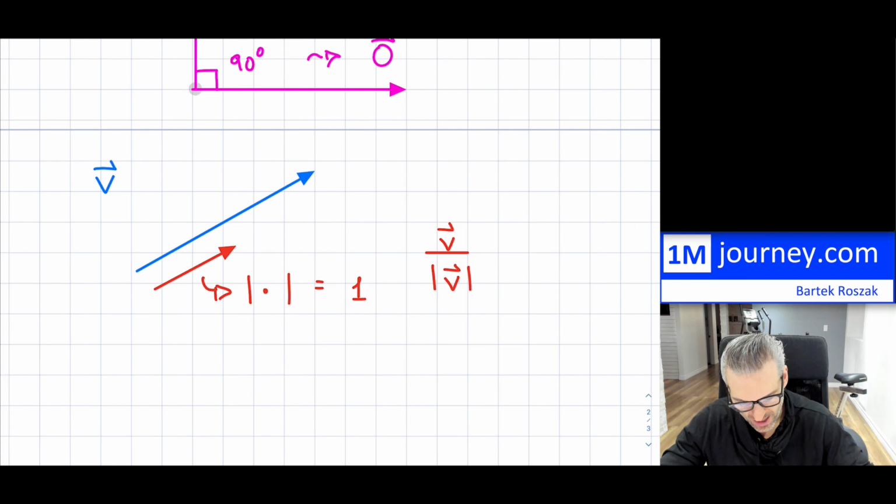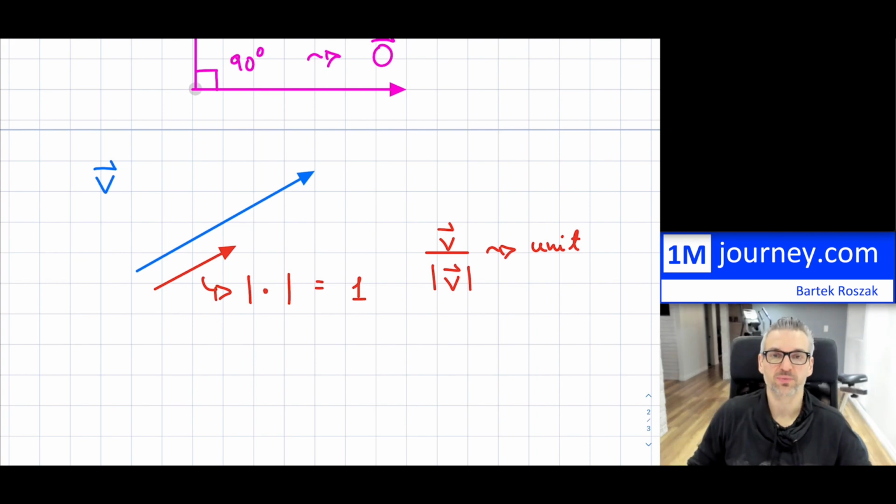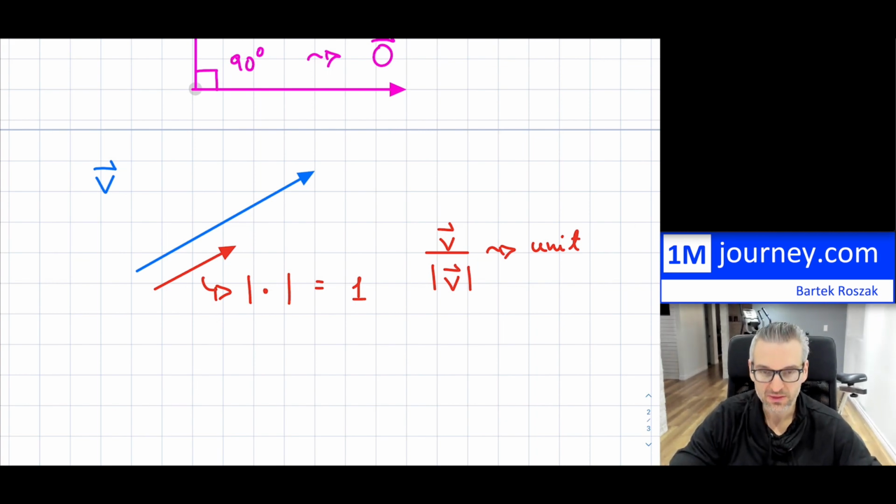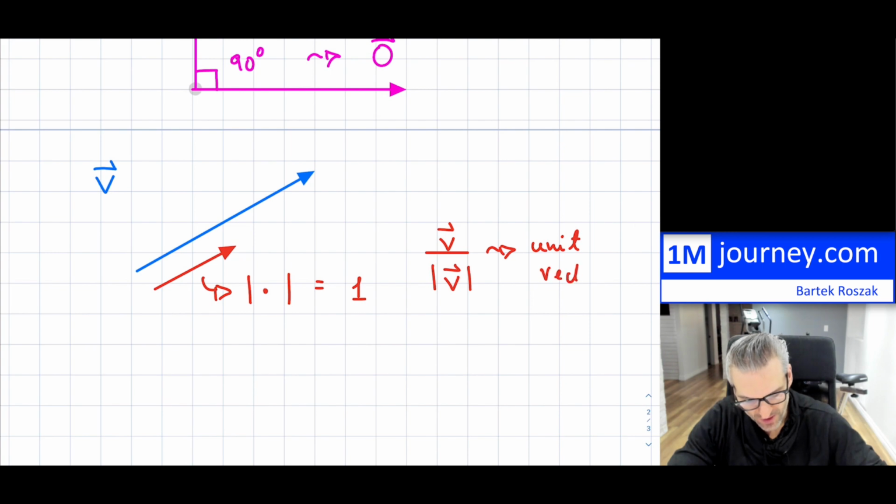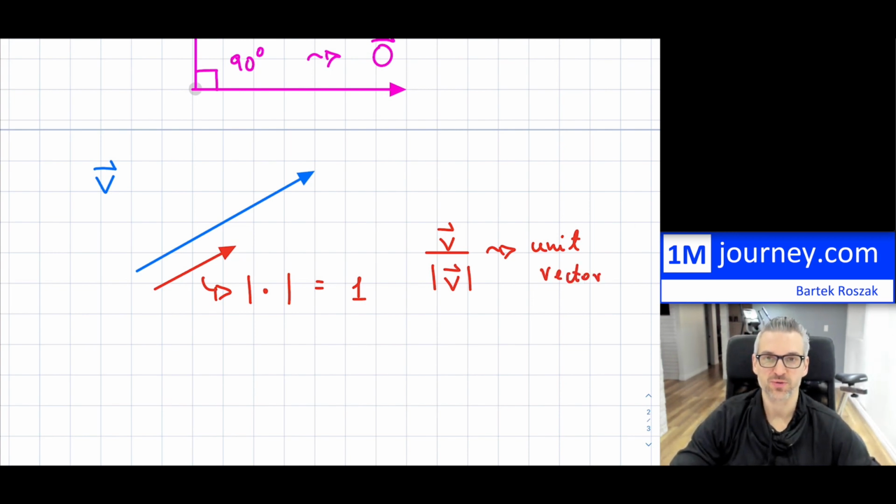When we do that, we have created a unit vector. I have talked about this in previous vector videos, but if you're watching this without some of the other knowledge, this is how you would define a unit vector in exactly the same direction as the original that you have.